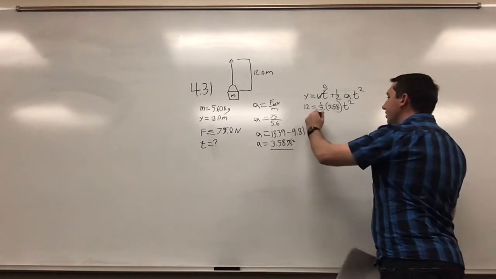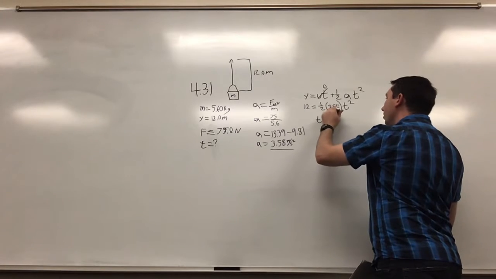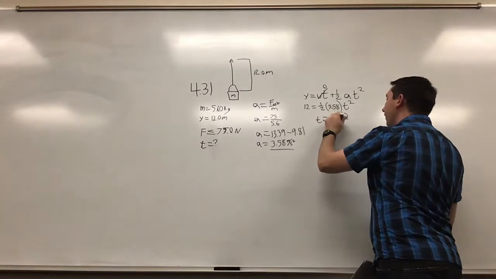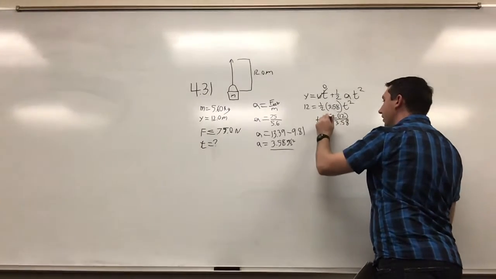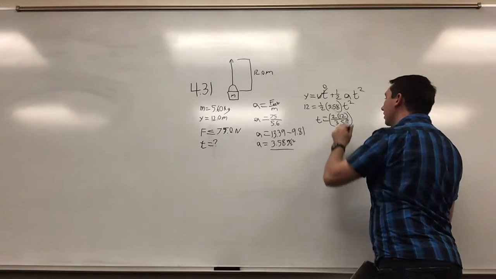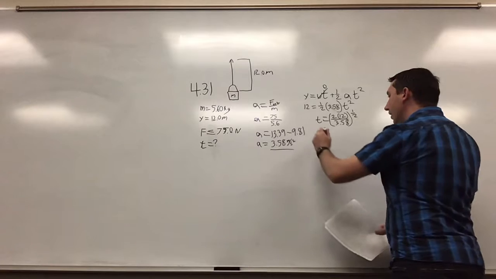So when we isolate for time, time is going to be equal to 2 times 12 divided by 3.58, and all of that to the 1/2 power, or the square root of all of that.